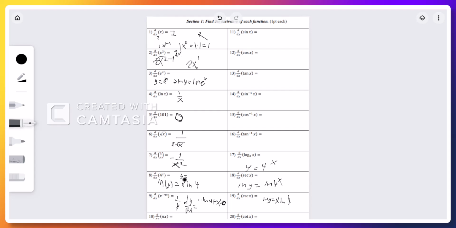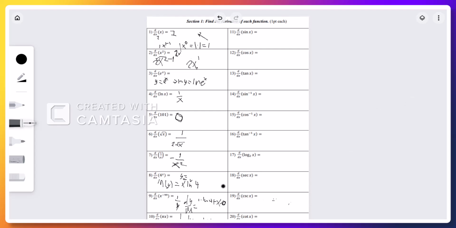This is going to be your u and v, just to break it up a little bit. So when we put this in, we have 1 over y dy over dx equals ln of 4.